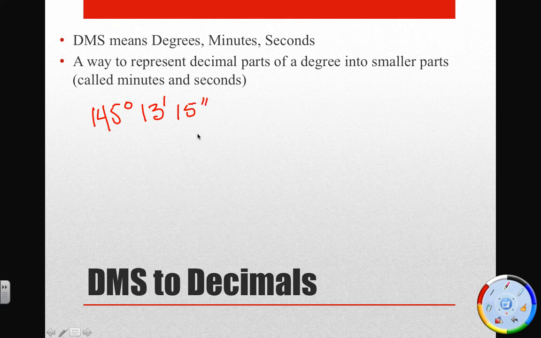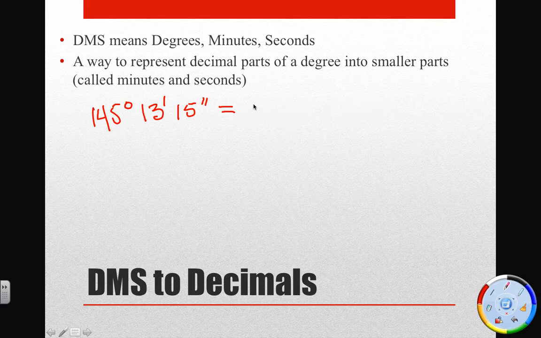You'll notice that we use the same notation as we do for feet and inches, but here you have to understand context and the fact that we're talking about angles. So it's 145 degrees, 13 minutes, 15 seconds. What we want to do is convert this to some degrees, no more minutes and seconds, just a decimal.